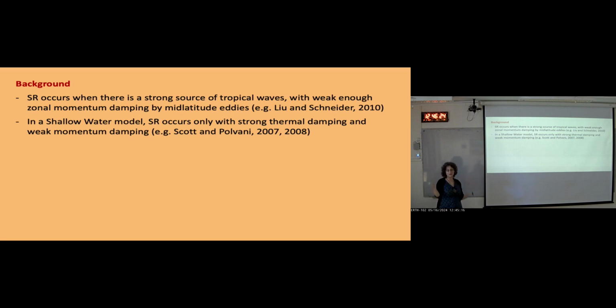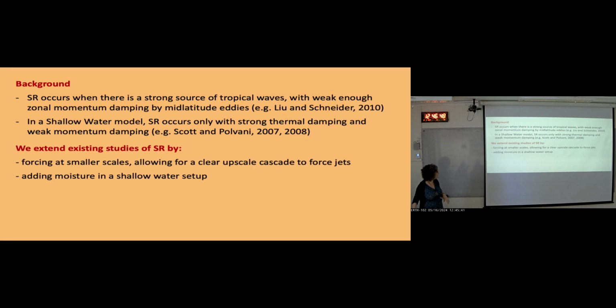So in our tropical planet, we don't have that. We don't have excitation of mid-latitudes as efficiently as in the tropics. And in the shallow water model, people have gotten superrotation when they strengthen thermal damping. Scott and Polvani had a series of papers on this. And I'll say a few words about why the two are similar if I have time.